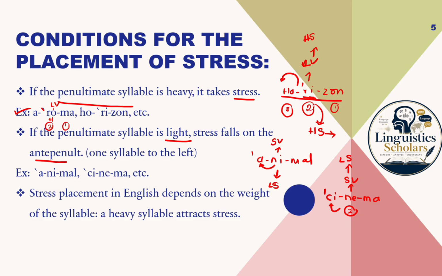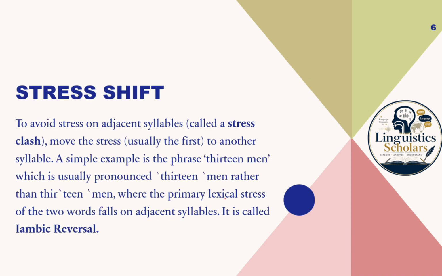Clear? So this is how, based on syllable weight, the stress is assigned on words, apart from word class and suffixes. Stress placement in English depends on the weight of the syllable, and the heavy syllable attracts the stress, not the light syllable. Now we will try to understand what a stress shift is.